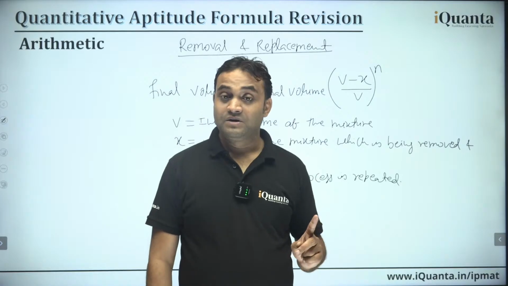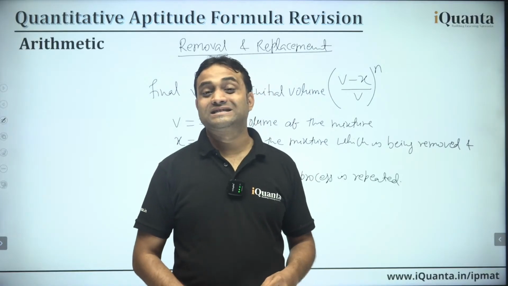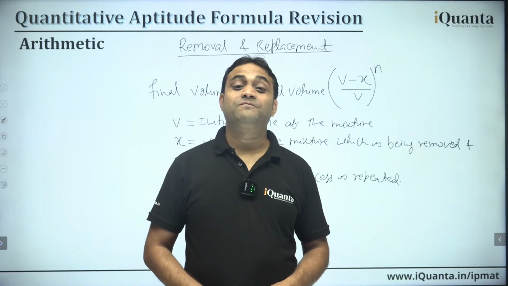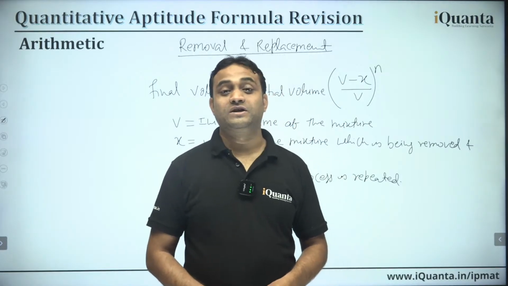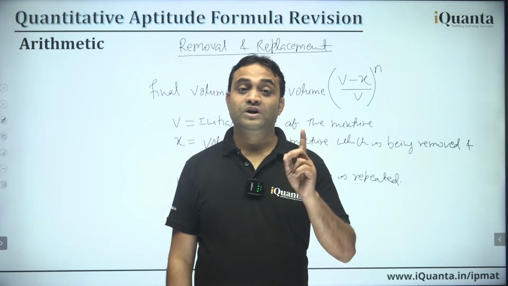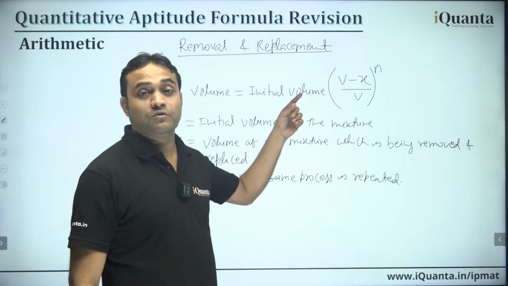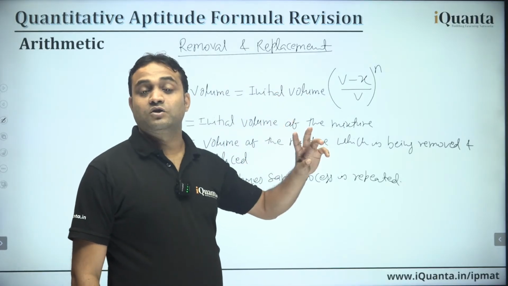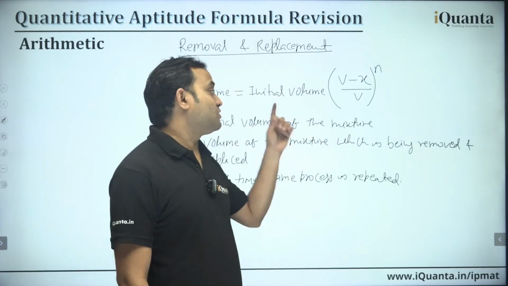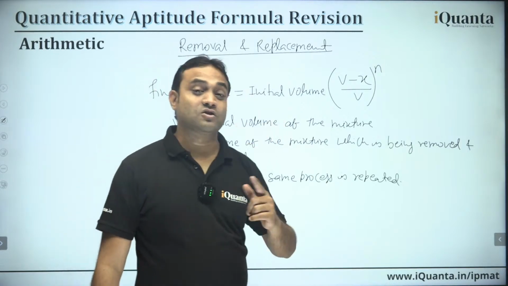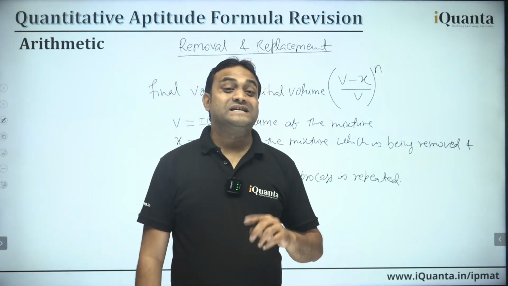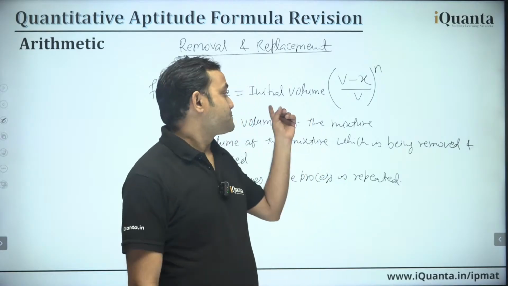But remember, if the question is about finding the final volume of water in the mixture, then we are not going to use the initial volume of water here. The initial volume of water was 20 liters. We are not going to use that here. You will get the wrong answer. So किसका volume use करेंगे यहाँ पे?